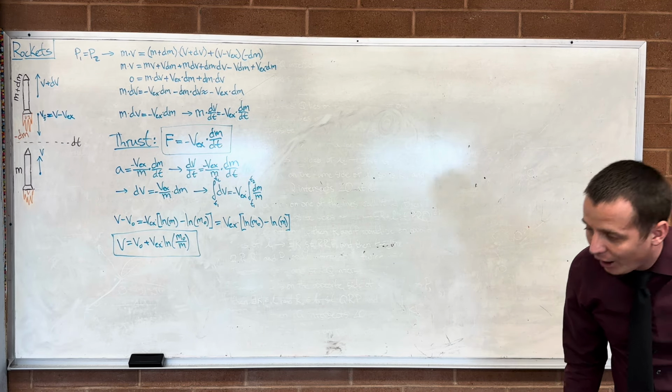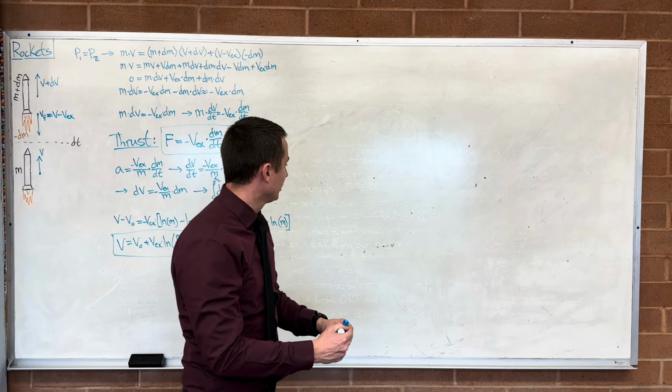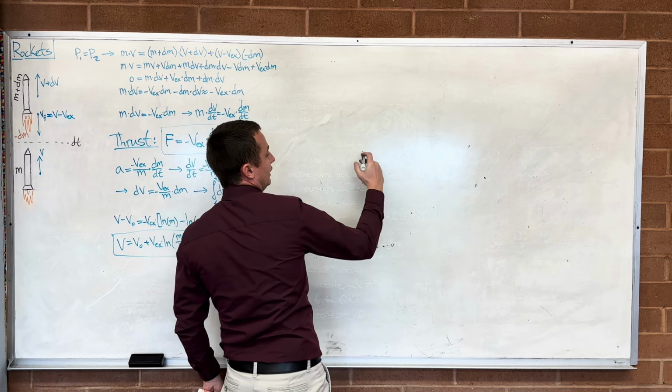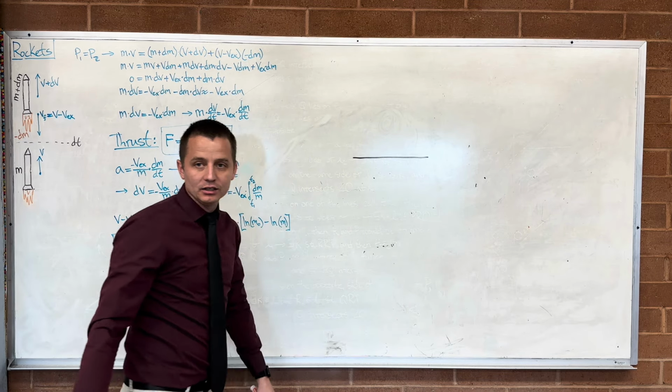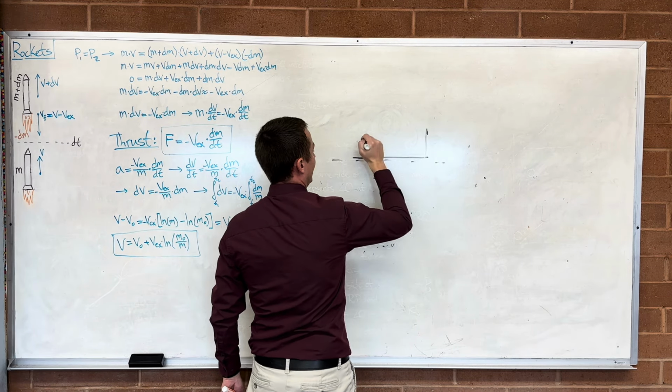Okay, how does a rocket work? We are going to come up with our own rocket ship in a very stupid way. Here's what we're going to do. We're going to be sitting in the back of a sled on a frictionless surface, and it's some big sled.